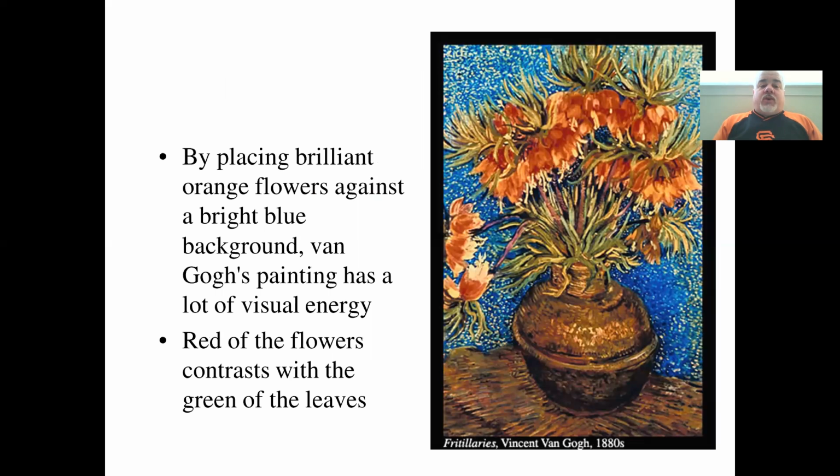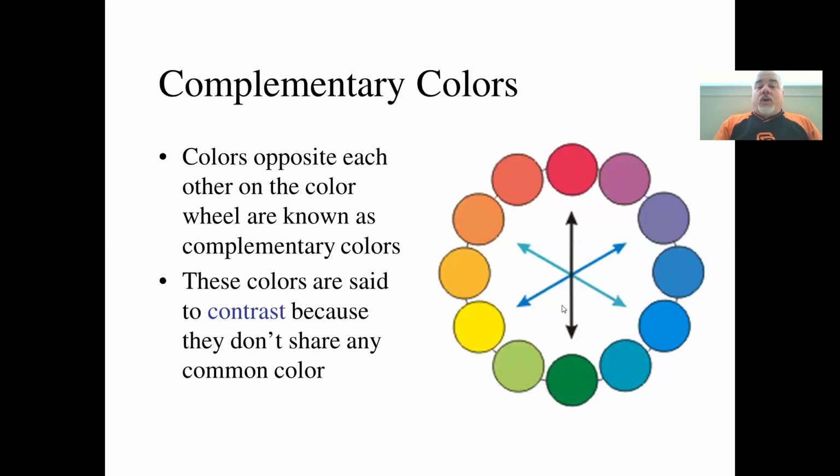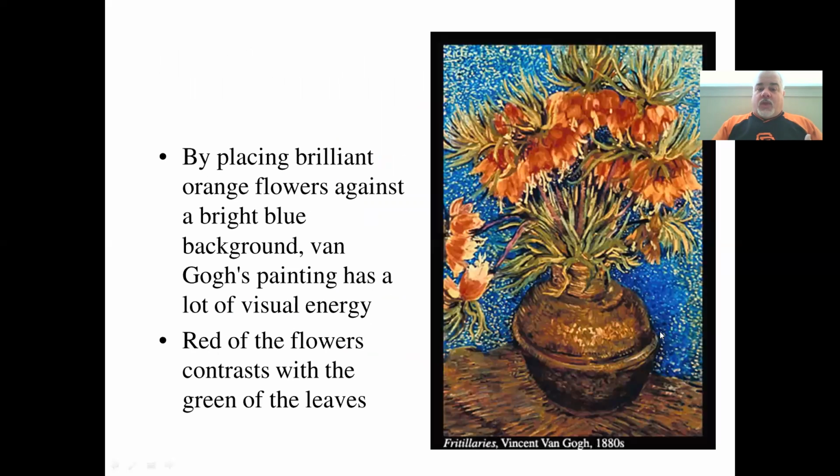By placing brilliant orange flowers against a bright blue background, Van Gogh's painting has a lot of visual energy. Now look, what does he have? He has orange flowers against a blue background. Orange flowers, if we go back to the complementary colors, against a blue background. There is energy in the contrast.